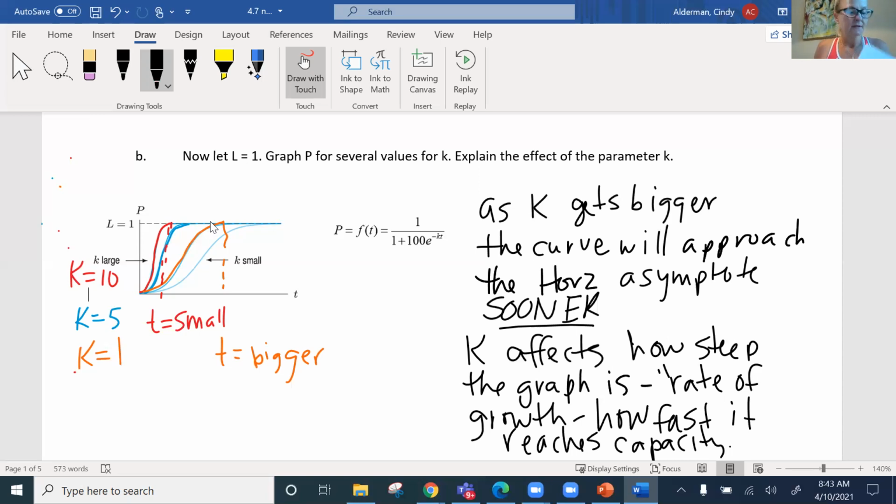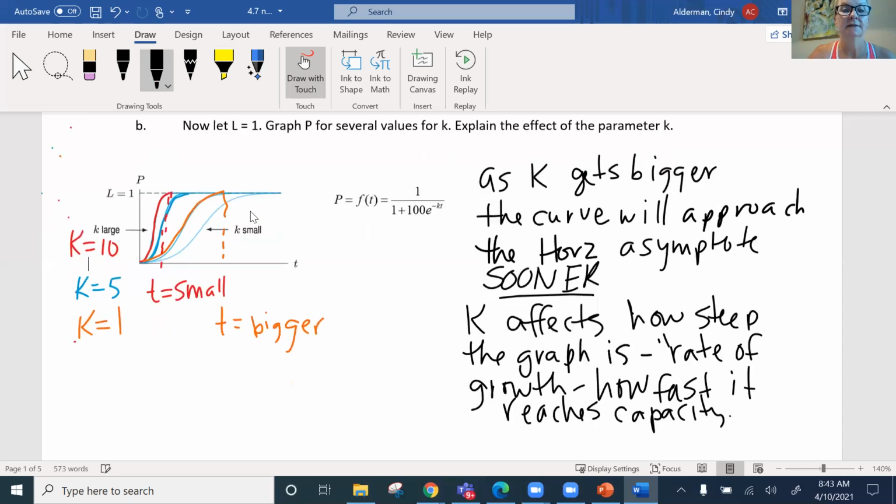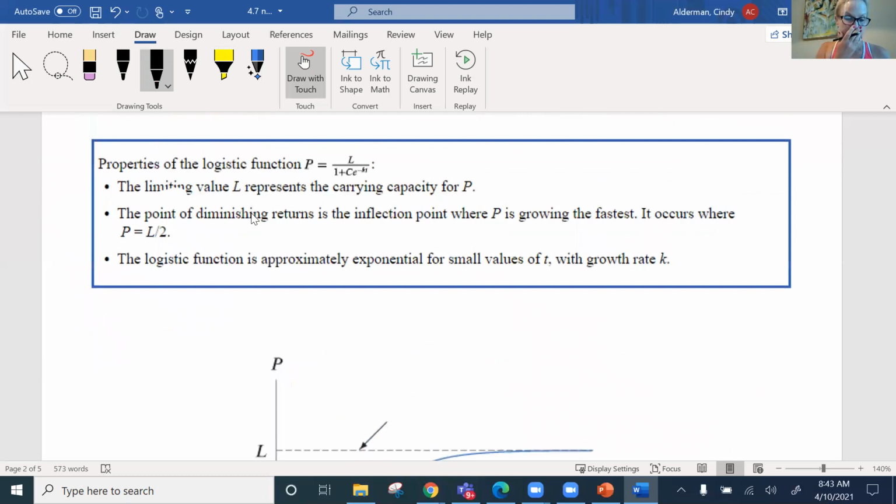Okay, so let's look at some properties of the logistic function. Here is the standard form of a logistic function. So remember that the numerator L here represents the carrying capacity, right, which is the horizontal asymptote.